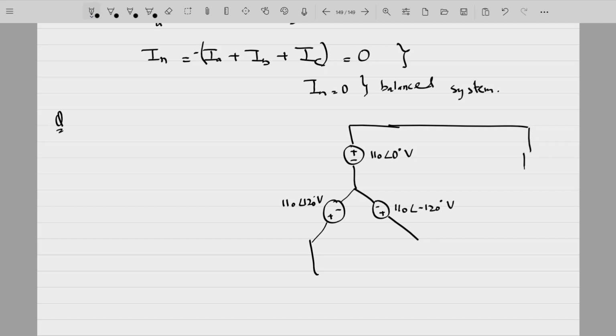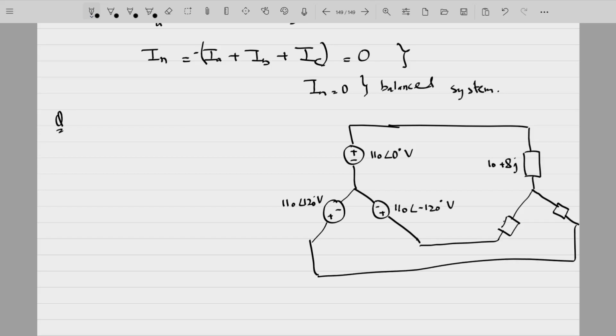This here is connected to 10 plus 8J. So you have this particular circuit, 10 plus 8J ohms in each phase. So you have a perfectly balanced three-phase voltage source connected to a perfectly balanced three-phase load.